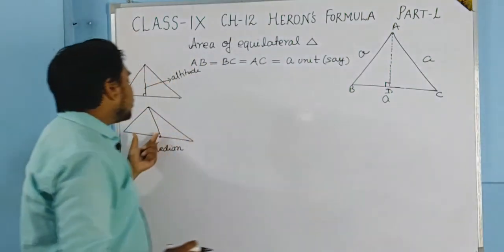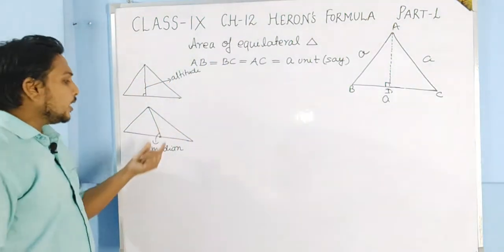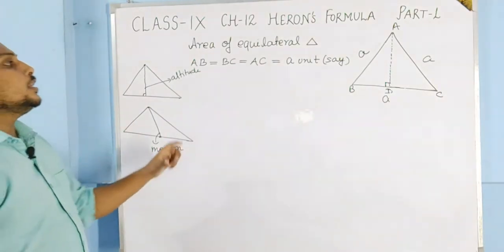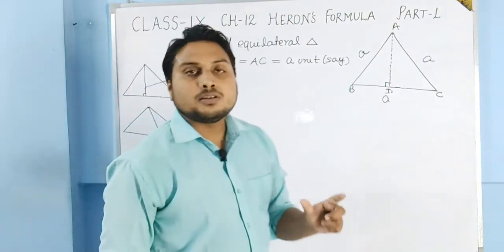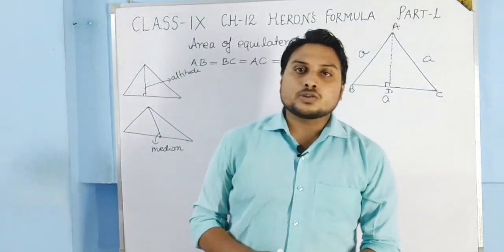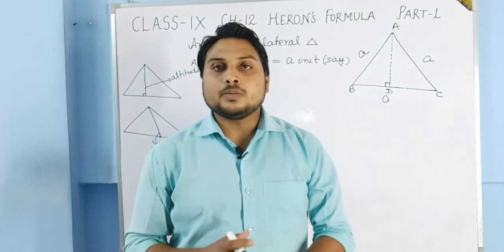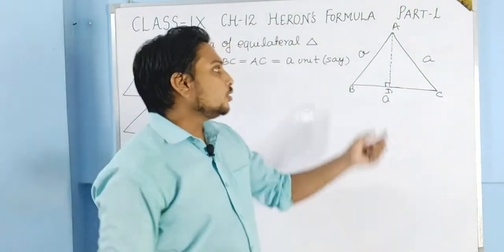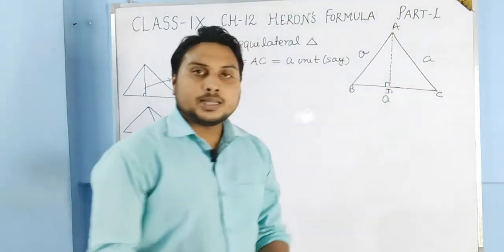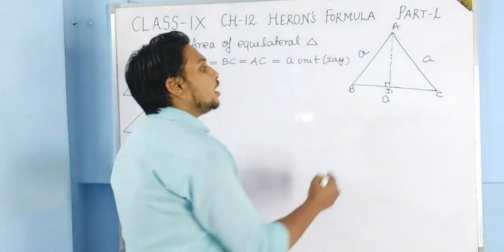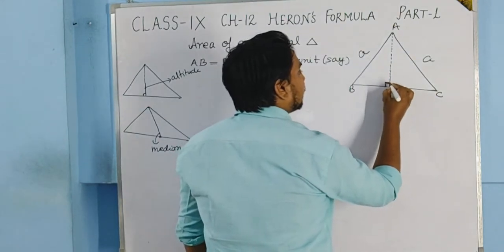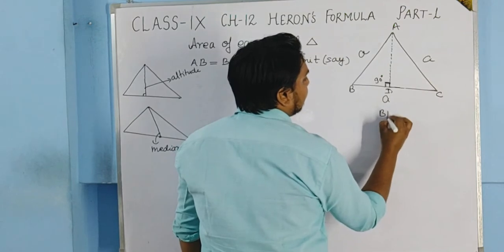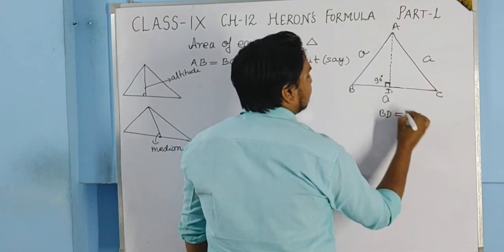Firstly we understood what the altitude and the median of a triangle are, and then I am saying that in an equilateral triangle and isosceles triangle, the altitude and median are the same, meaning common. So here AD is the median as well as the altitude, meaning here it will be 90 degrees, and BD will be equal to DC.